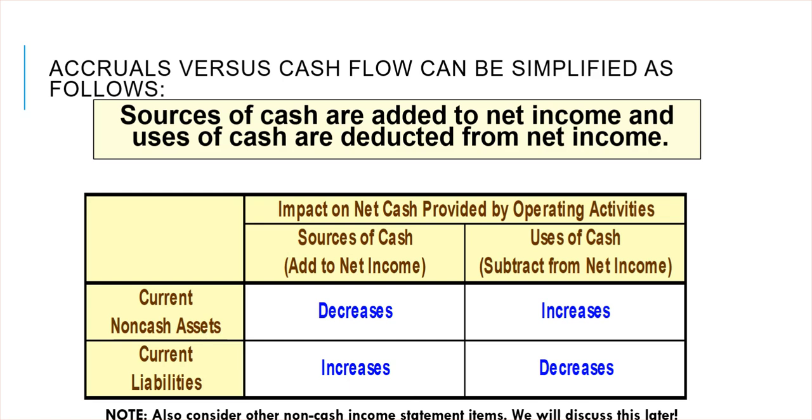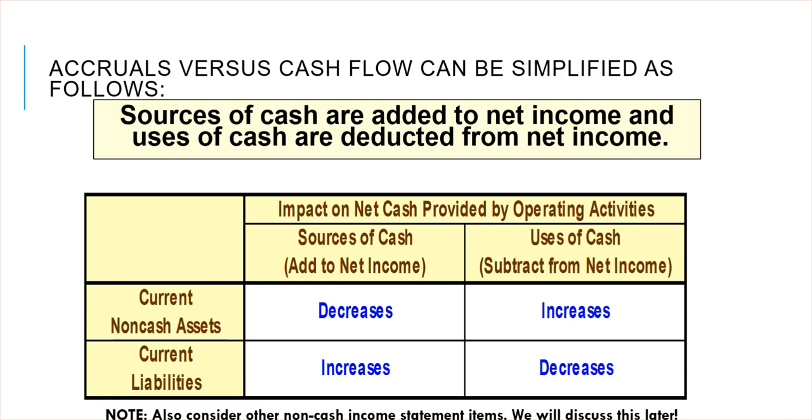So you look at a balance sheet and the changes from one point in time to the next. And you ask, do our current assets increase or decrease? The rule is that if your current assets increase, you show it as a negative in the operating section of the cash flow statement, a decrease to the net income.